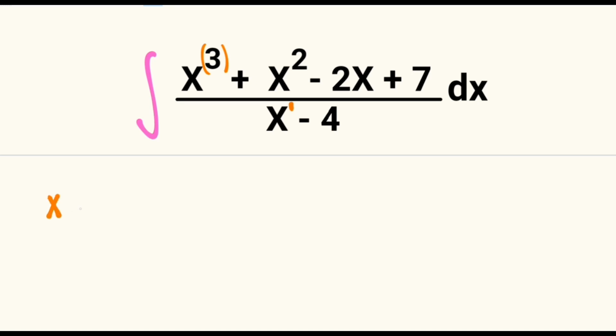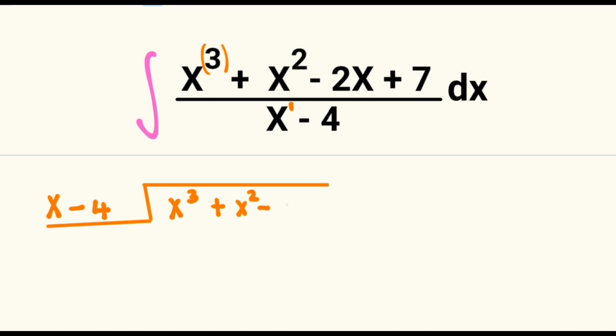We have x minus 4 outside, and on the inside we have the x cubed plus x squared minus 2x plus 7.